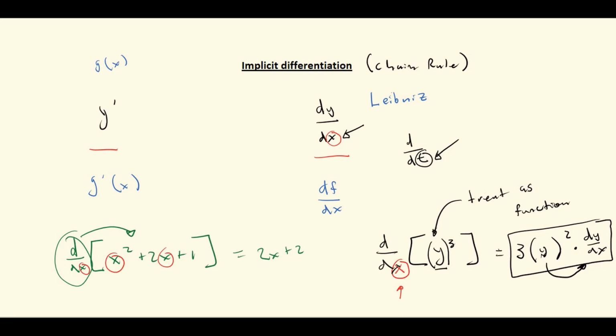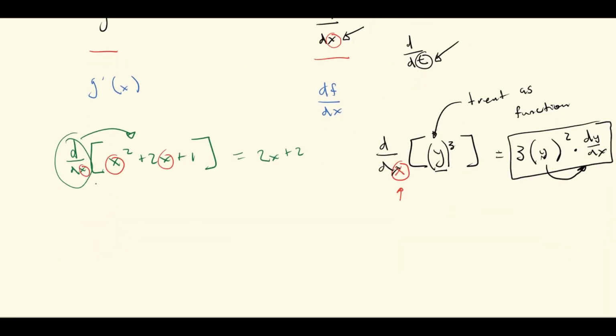As we mentioned earlier, in the future, when we do related rates problems, we're going to be taking the derivative with respect to time, so d dt, and then we might have a normal looking function like x to the third. In this case, we would have to do the same thing we did here because we're asked to take the derivative with respect to t.